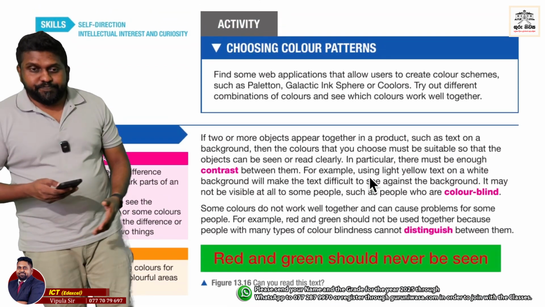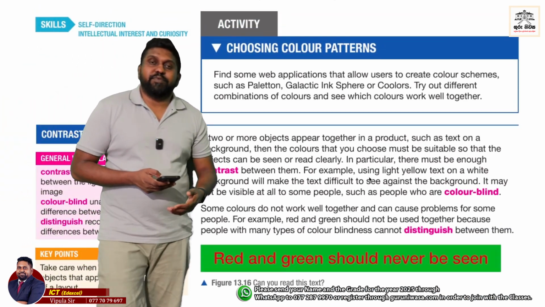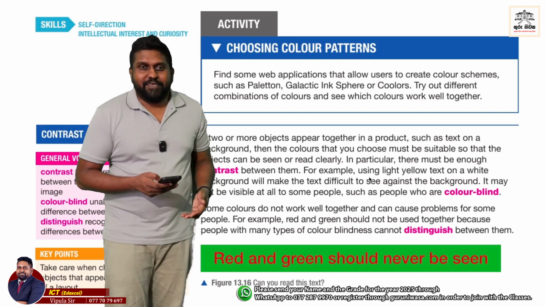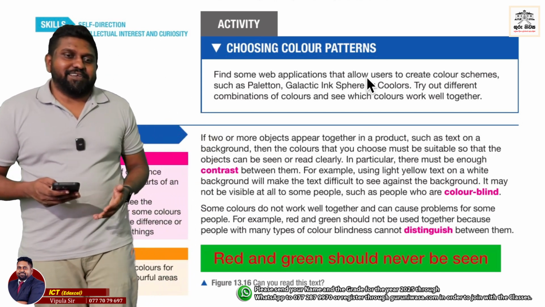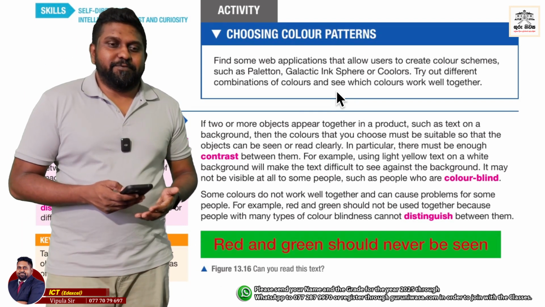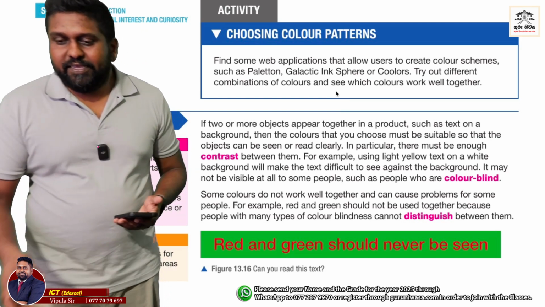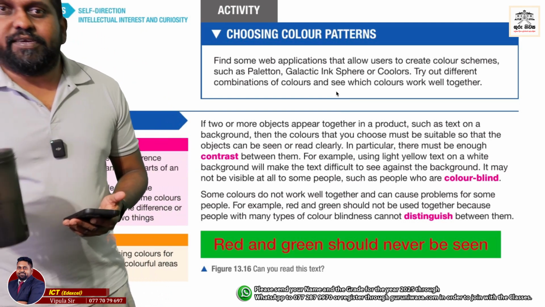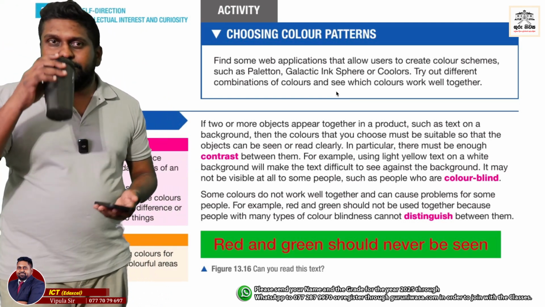So the next option is choosing a color palette. Now this is the hardest point, right? Thinking of two or more colors and objects, it's going to be a real tough challenge on how you are going to select these colors.